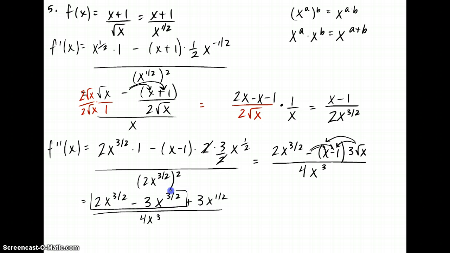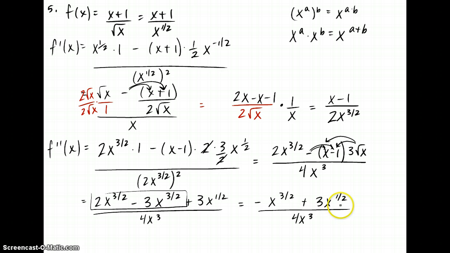These are like terms. Negative x to the 3/2 plus 3x to the 1/2 all divided by 4x cubed. So this is the most simplified second derivative. Well, maybe most simplified isn't the right term.